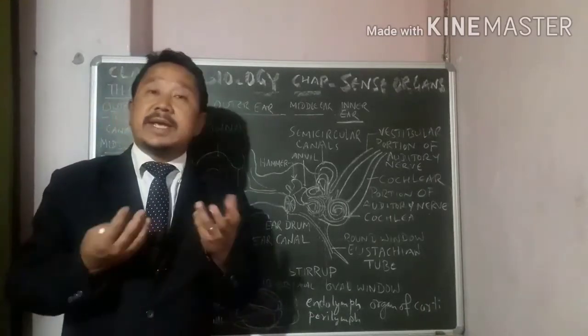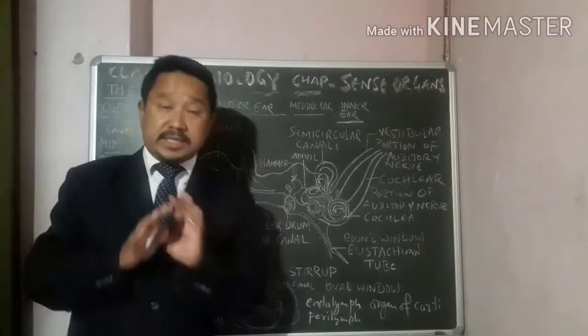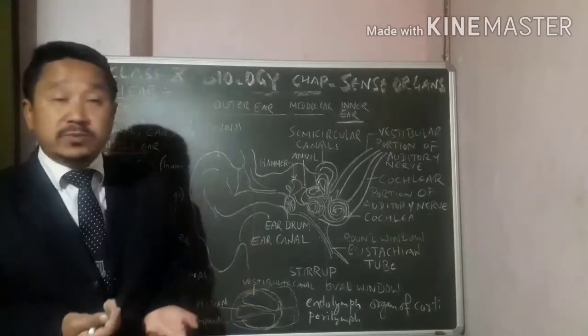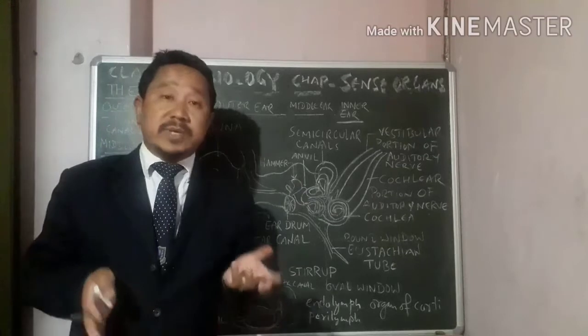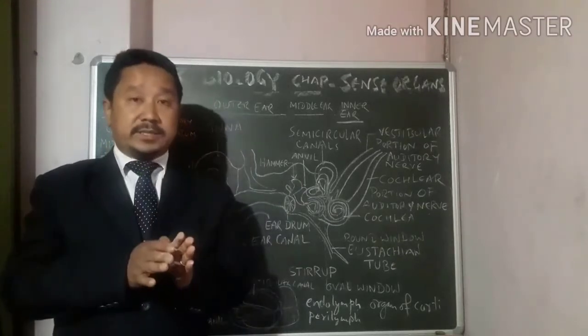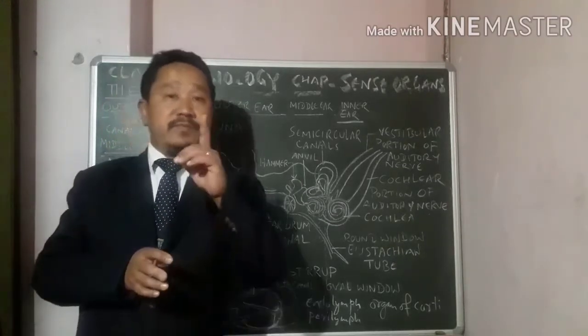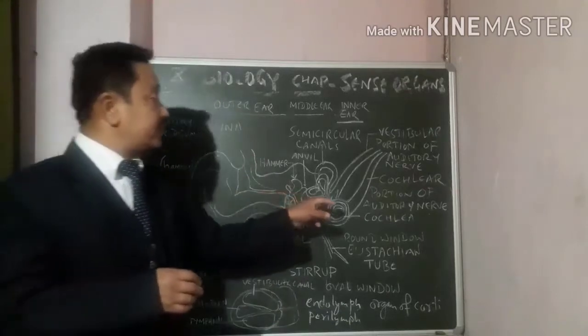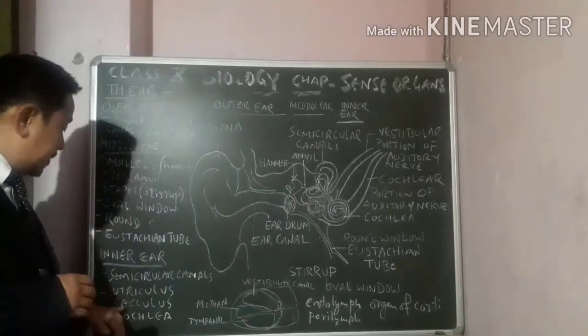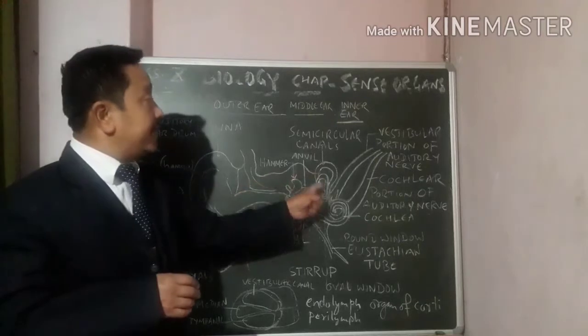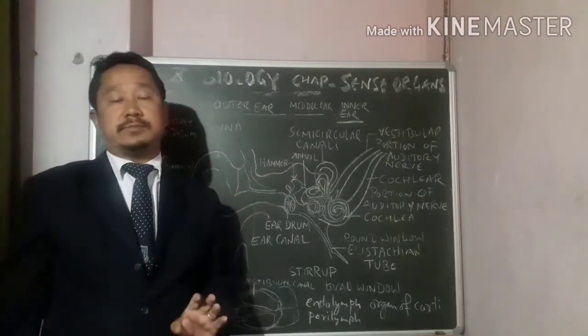That means when we are at rest, when we are sitting, that time also the body has to be balanced. So that balance at rest is maintained by the sensory cells present in the utriculus and sacculus of this base of the semicircular canals.